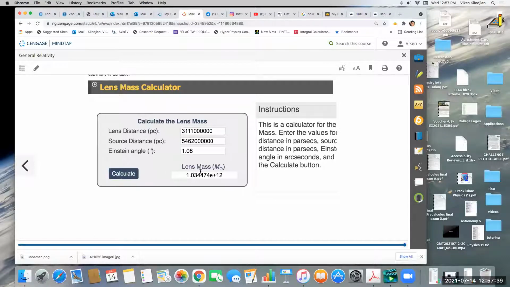Calculate. Okay, changed it slightly. I'm using the same Einstein angle. So then 1.034 e to the 12.